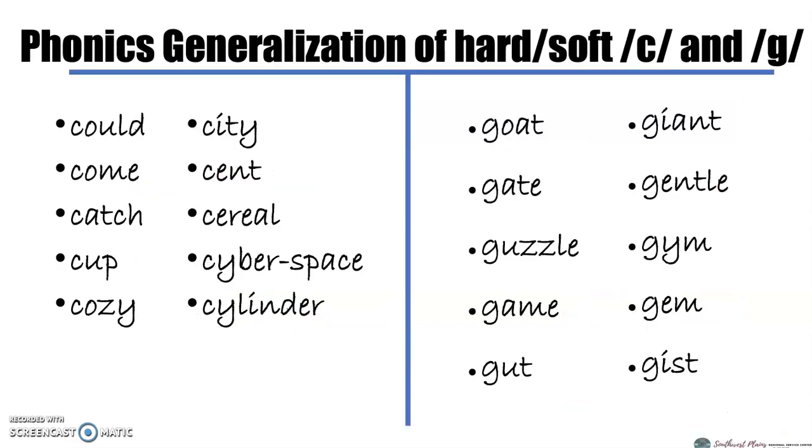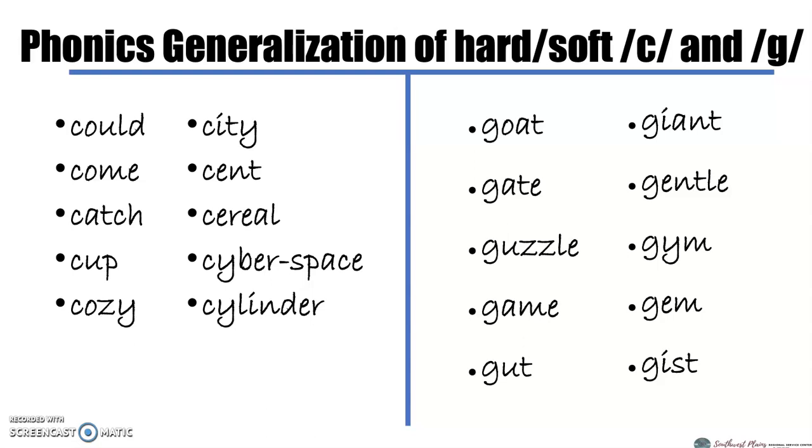In our English language, there are some generalizations found in the way sounds and letter patterns relate. For example, look at these two generalizations. What do you notice about how the C and the G reflect the sounds of S or K or G or J? As you pronounce the words, what do you notice about the clues to how to figure out when to say K or S or G or J?